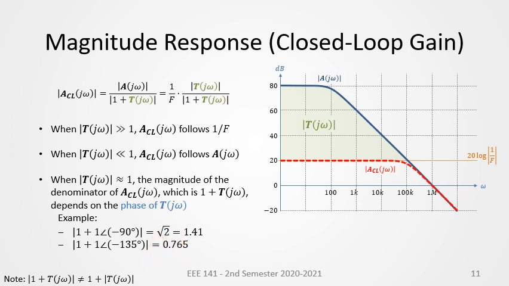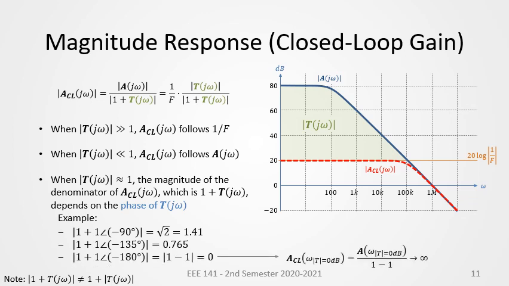Now in this case, the closed loop gain, ACL, is equal to the open loop gain divided by 0.765, which means that now the closed loop gain is slightly higher than the open loop gain since the denominator is less than 1.